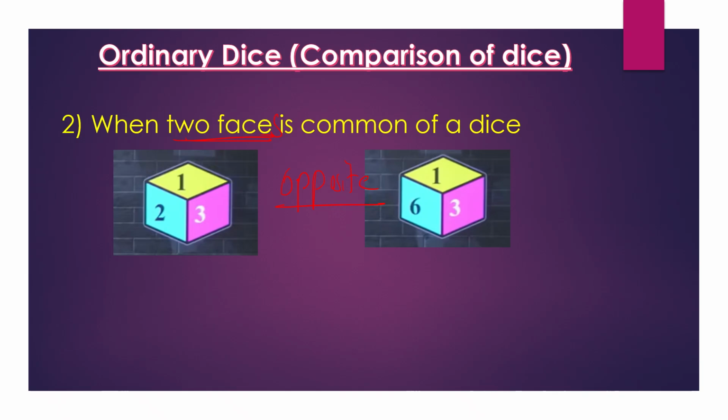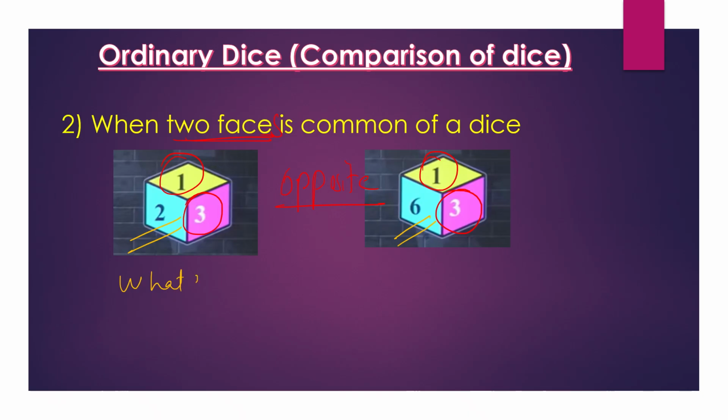So what two faces are common in a dice here in this example? If you carefully check, 1 and 3. So here two faces are common in a dice. So now what numbers are left here in a dice? 2 and 6 are left.